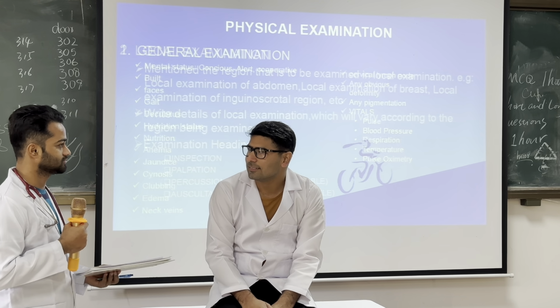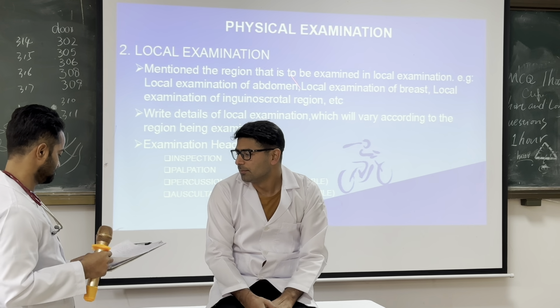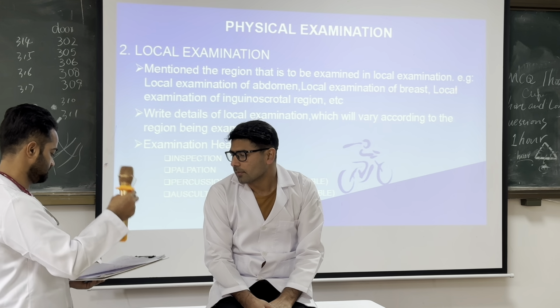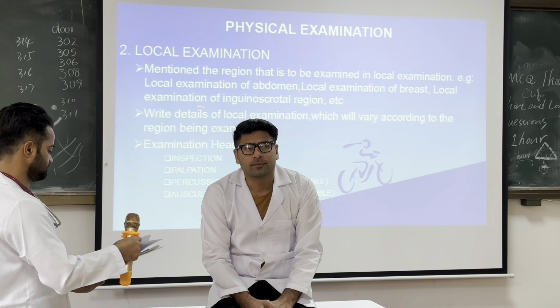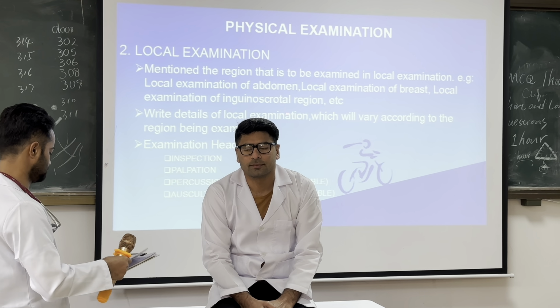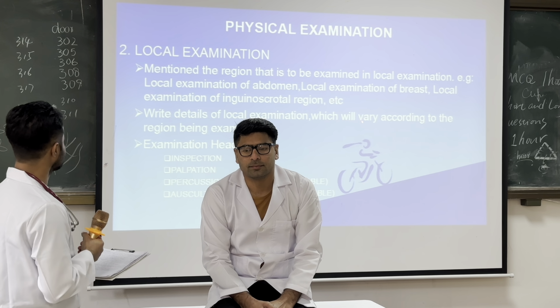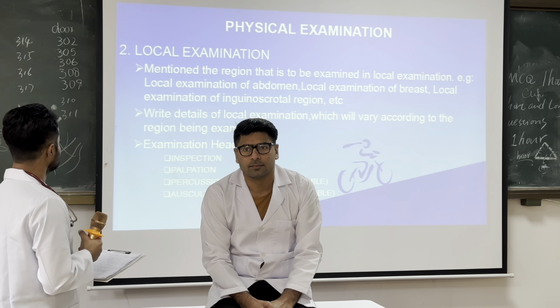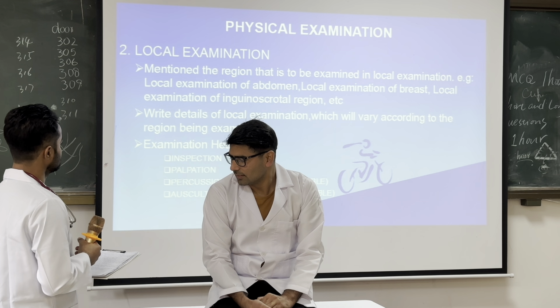Then we will go for local examination. Mention the region that is to be examined, for example local examination of abdomen, breast, or inguinal-scrotal region. Write details of local examination, which will vary according to the region being examined. The headings are inspection first, then palpation.